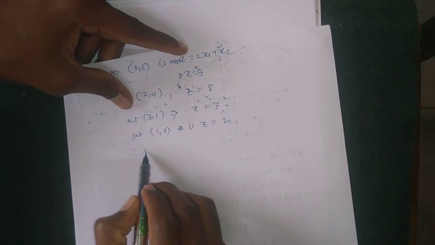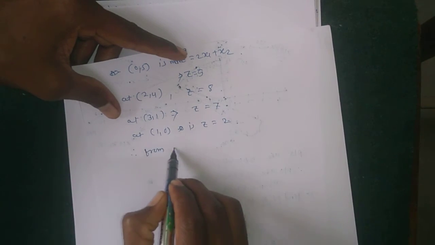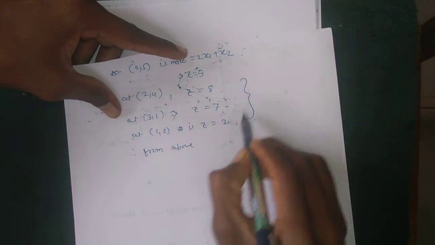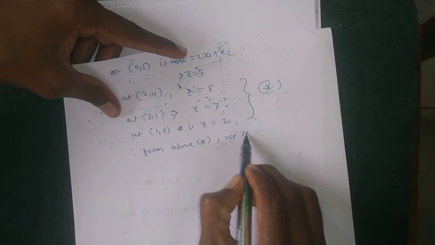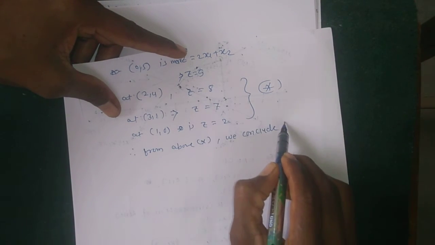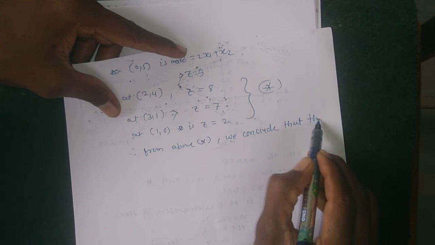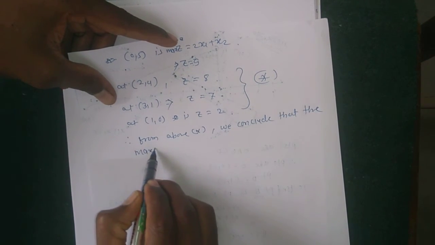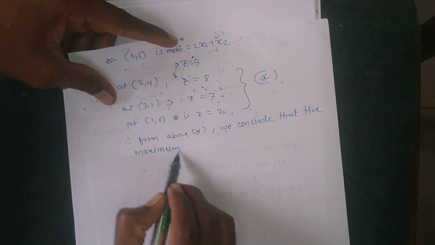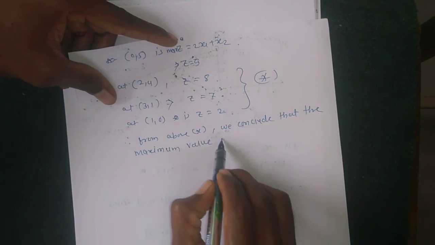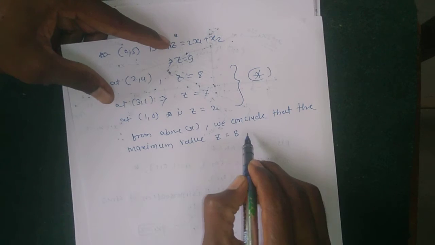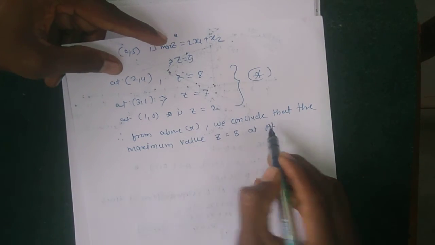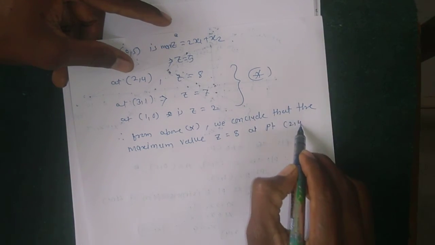Therefore, from the above, we conclude that the maximum value of z is 8, at the point (2, 4).